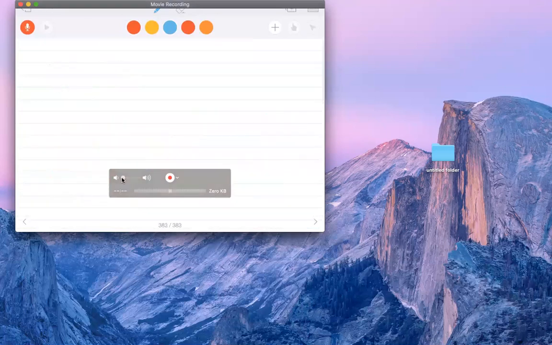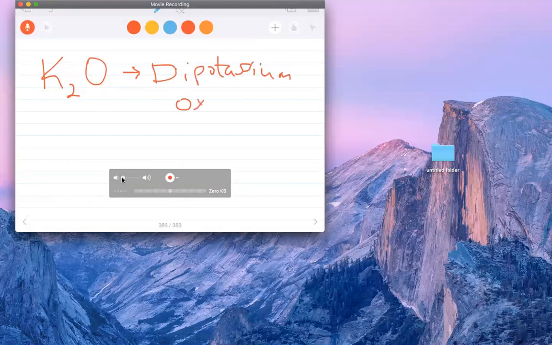Somebody will give me this and say, oh, dipotassium oxide, something like that, thinking that you always have to use the prefixes to indicate how many atoms there are in there. No. This is wrong. Why?